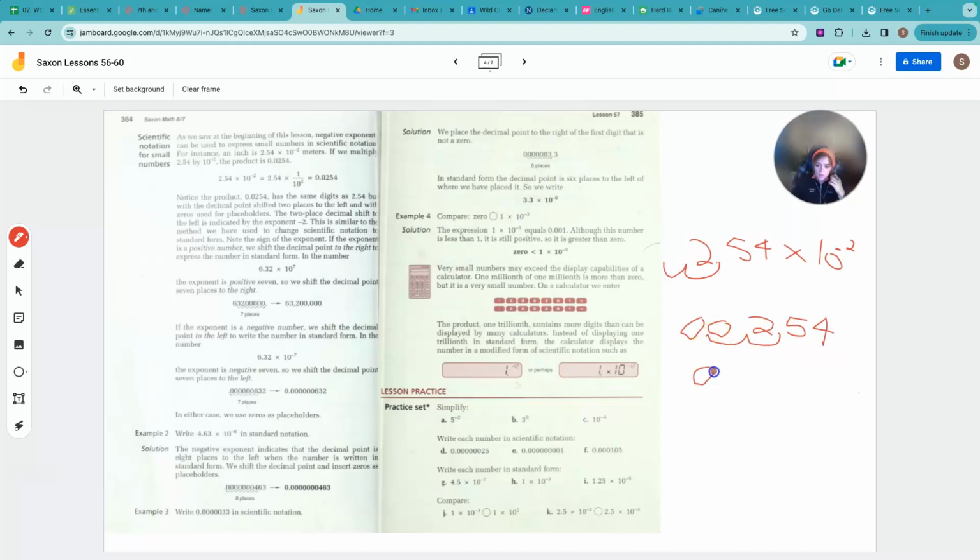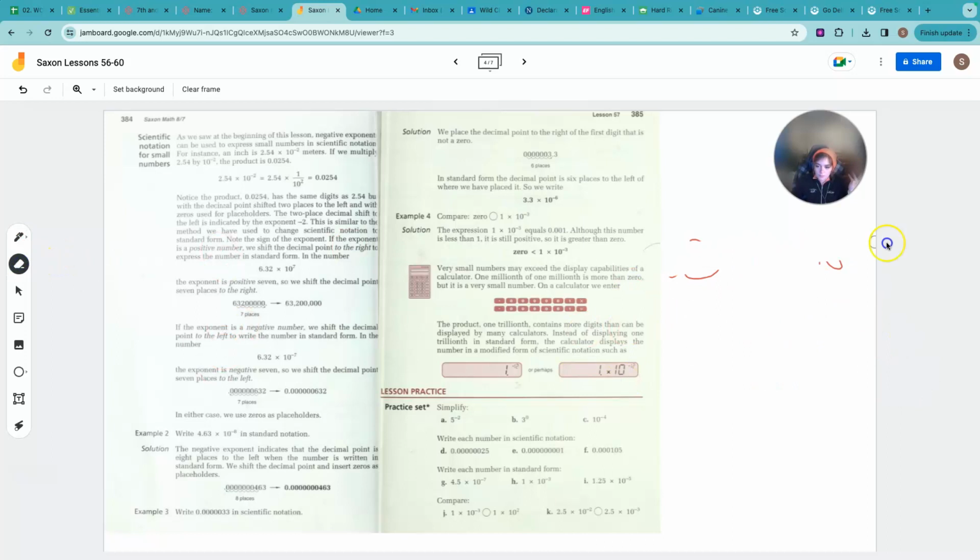So my final answer would be 0.0254. And that would be 2.54 times 10 to the negative second, written out, converting the scientific notation.